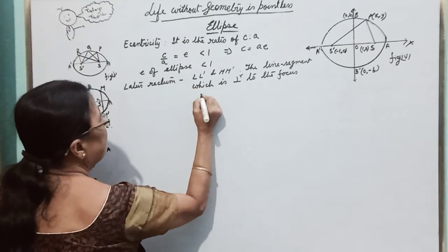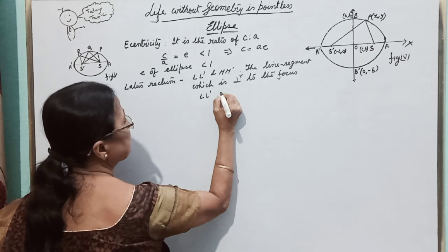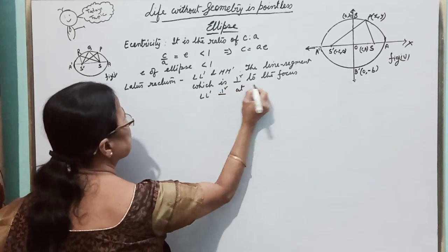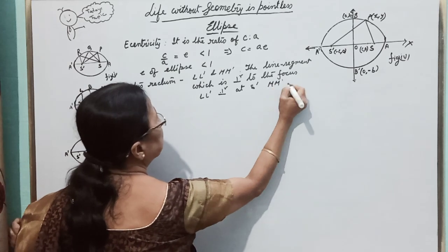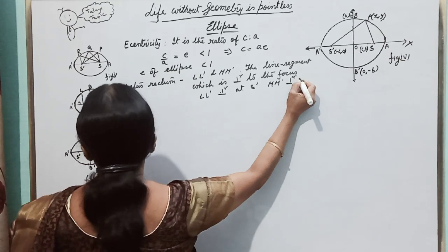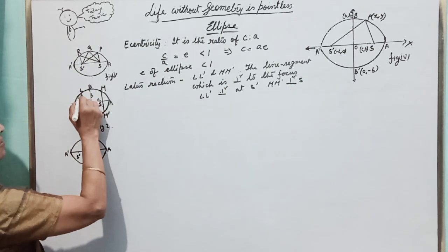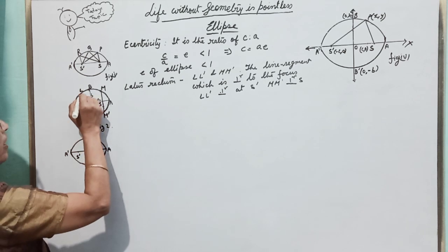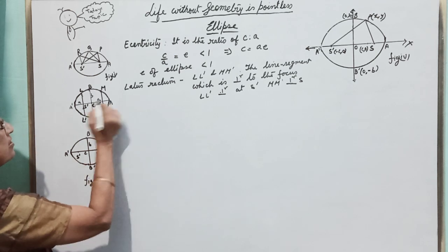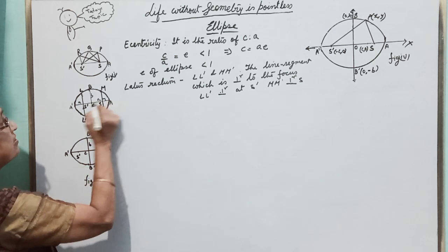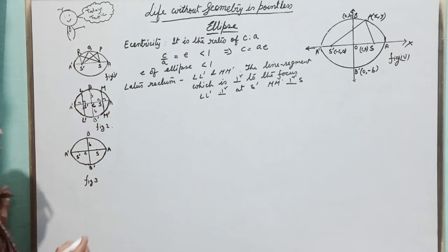In this case, L dash is perpendicular at S dash, and M dash is perpendicular at S. This line is called the latus rectum, and this is 90 degrees.